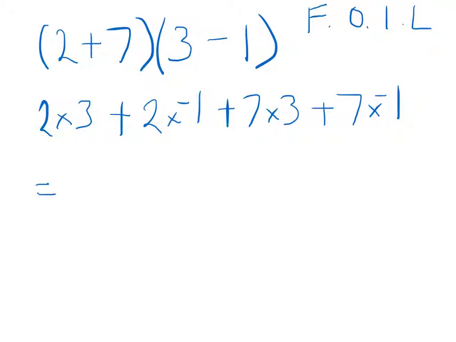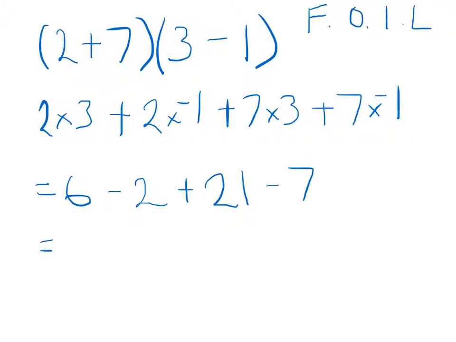So when we work out each individually, 2 times 3 is 6, 2 times negative 1 is negative 2, 7 times 3 is 21, and 7 times negative 1 is minus 7.